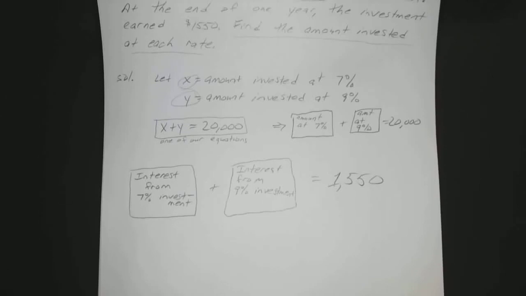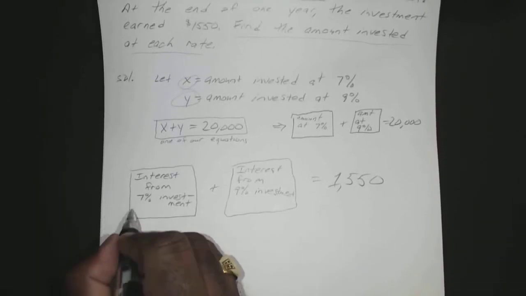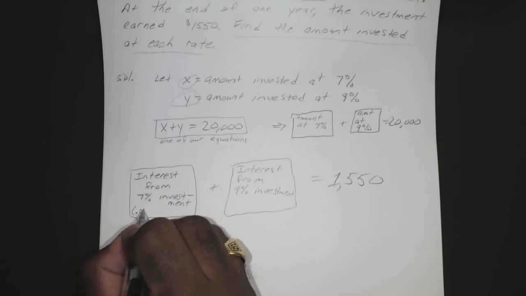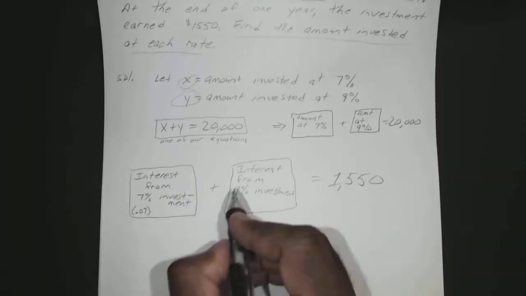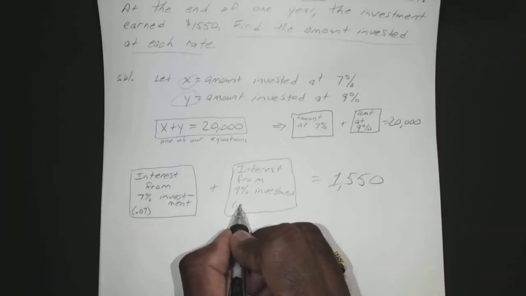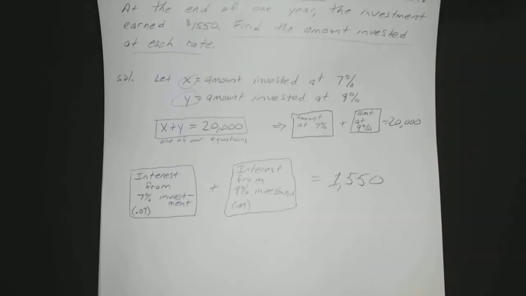To figure that out, we just have to convert the percents to decimals. Remember, to convert percents to decimals, you move the decimal place to the left twice. So 7% becomes 0.07 and 9% becomes 0.09.